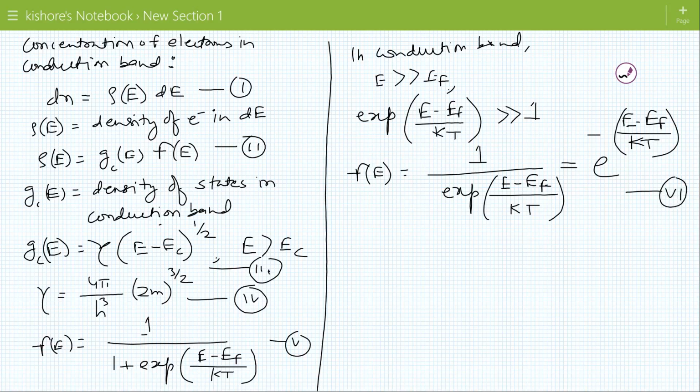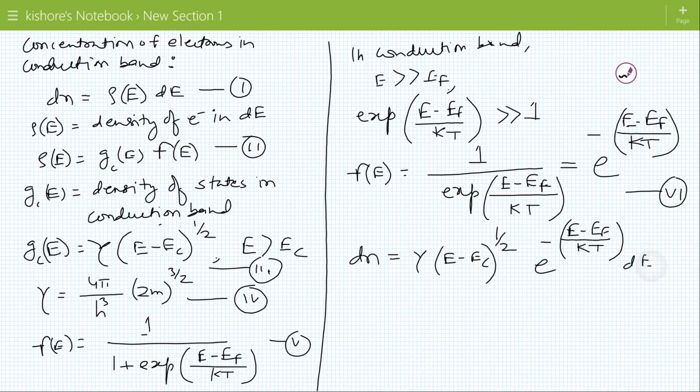Now substituting the value of rho E, or substituting the expressions of G(E) and F(E) in first expression. Now del N is gamma (E minus EC) to the power 1 by 2, and F(E) is e to the power minus (E minus EF) by kT.